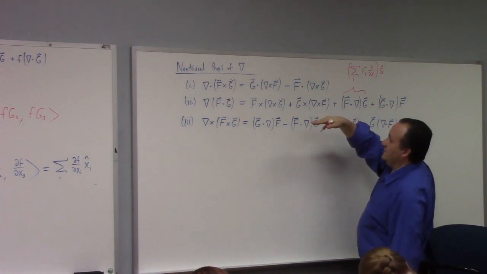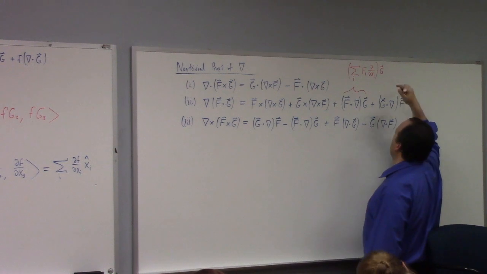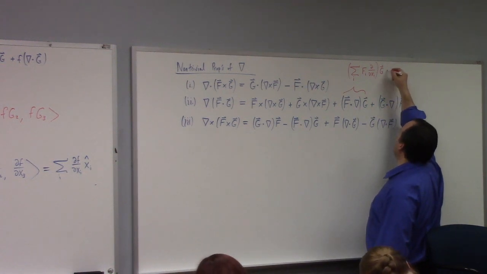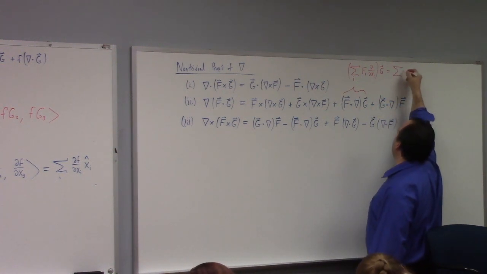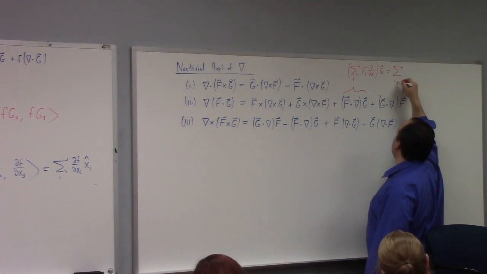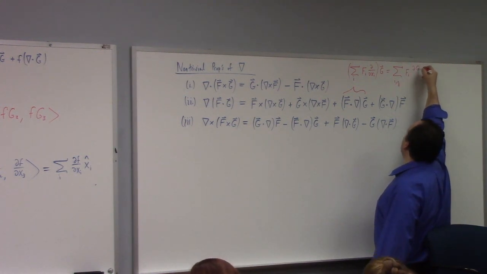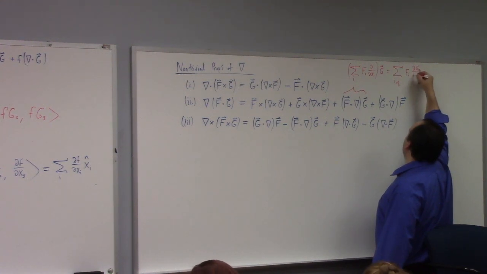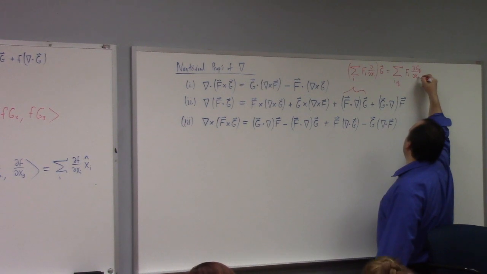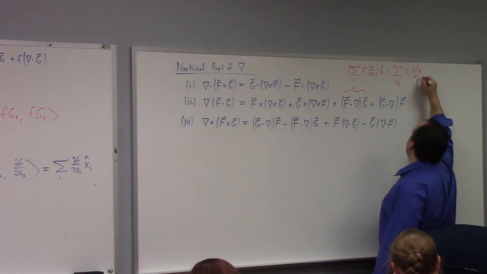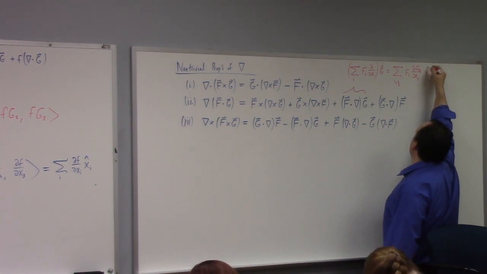So this is a vector. Literally that's equal to the sum over i and j of f sub i, partial g sub j, partial x sub i, x hat sub j.